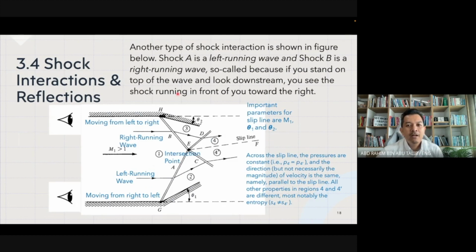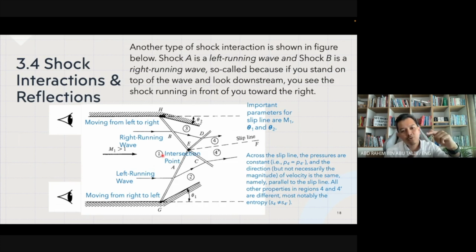Another type of shock interaction is shown in this particular figure. This is another type of shock where shock A is a left running wave and shock B is the right running wave. Imagine it is like the inlet of a hypersonic engine.